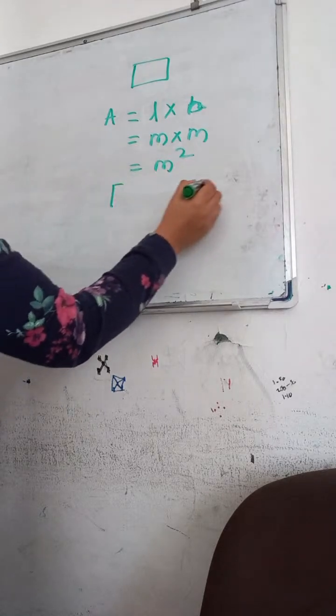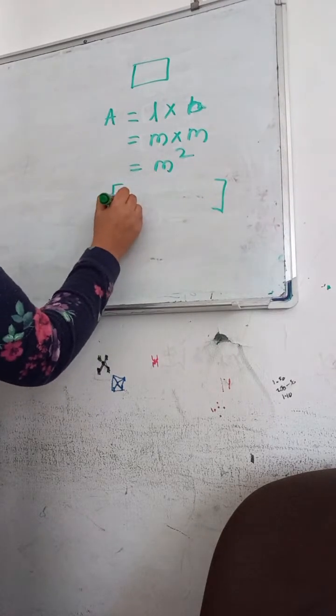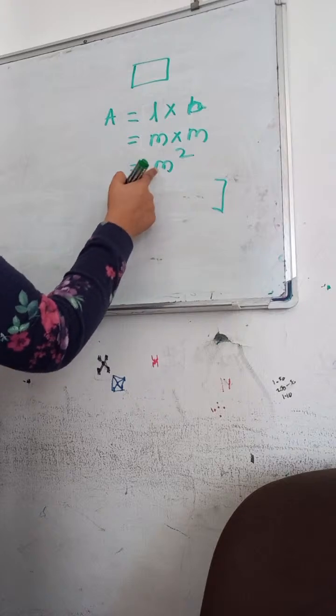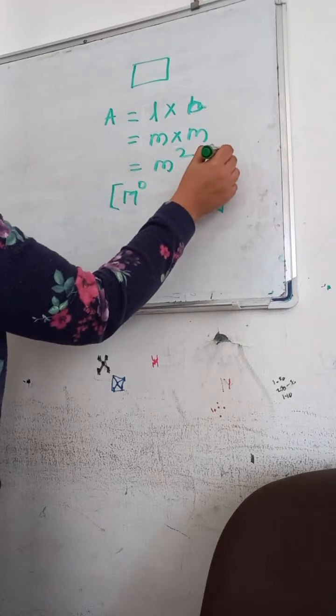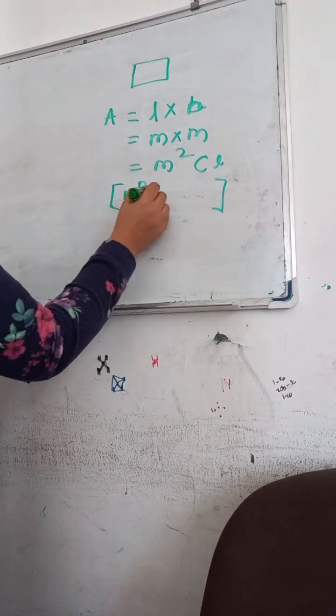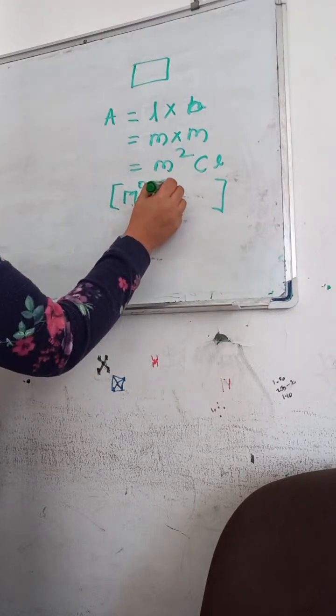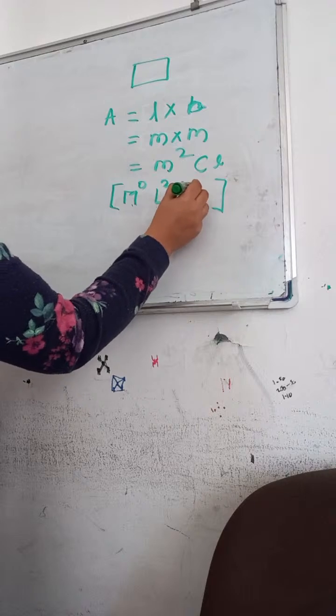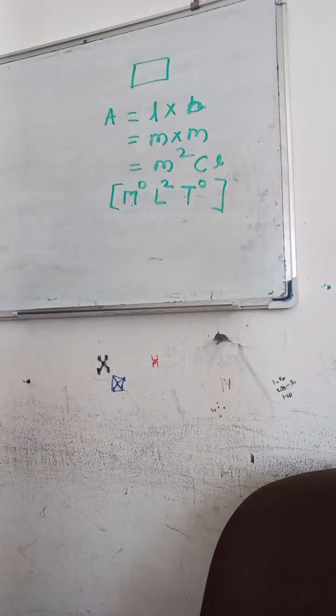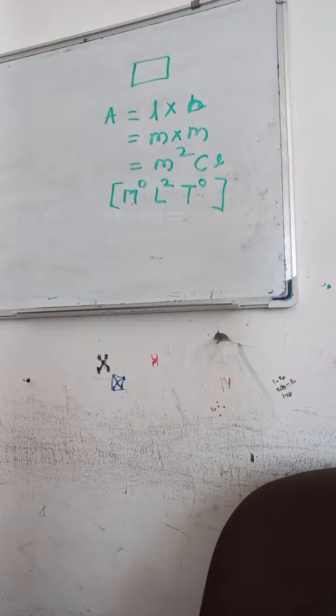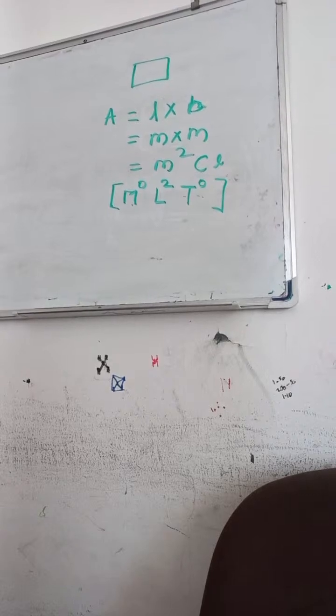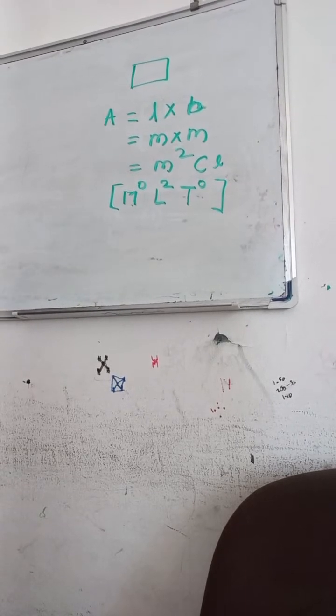In the standard dimensional form, M raised to 0, because meter is related to length, so mass is 0, length power is 2 because meter square, and time is 0. So these are the simple methods to find out the dimensions. This is one example for area.